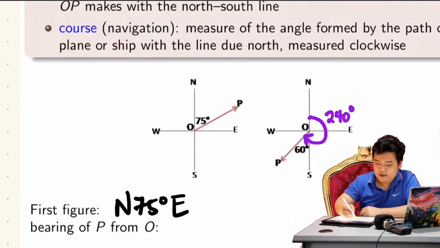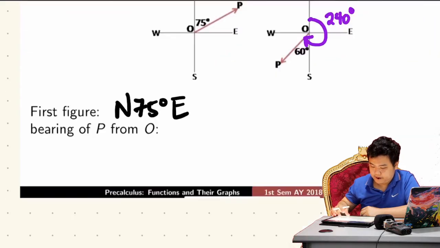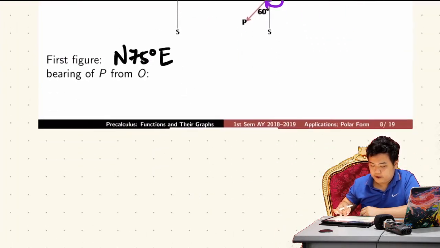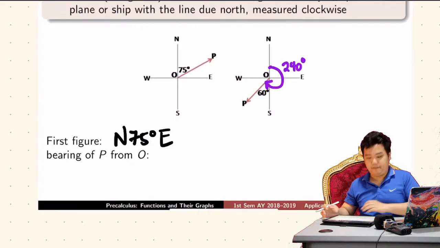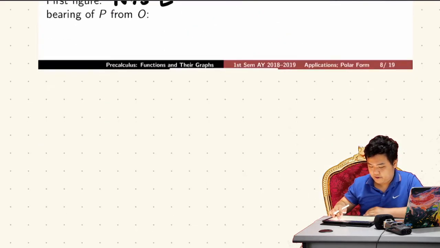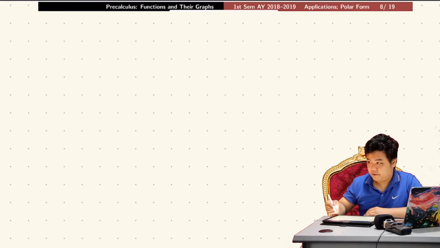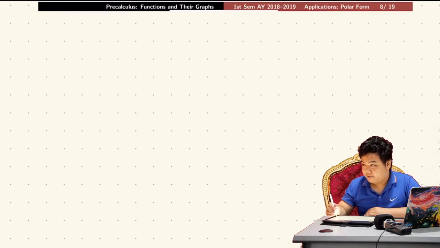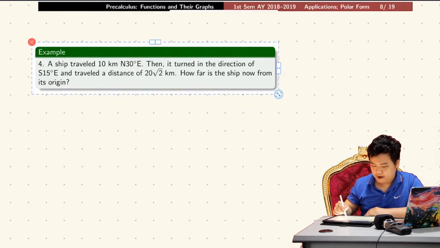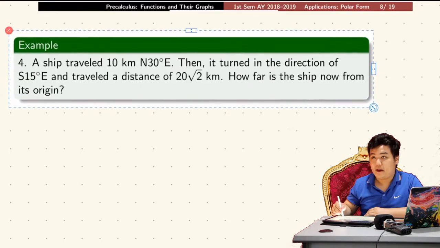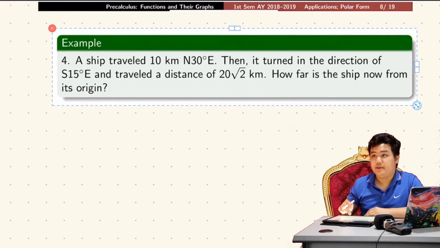Okay, so let us answer some examples. So, kumbaga, way lang ito ng pagsabi ng direction. Okay? So, two ways of telling a direction. Okay, so let us answer. So, let's have this problem. Okay.